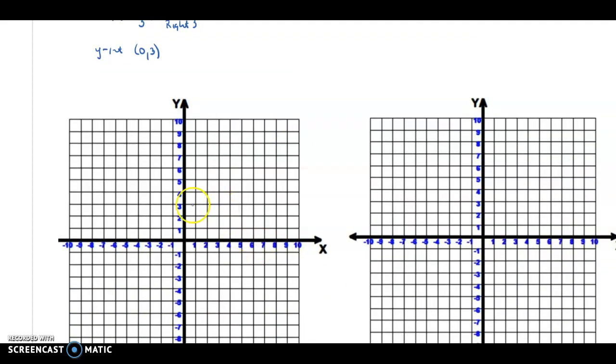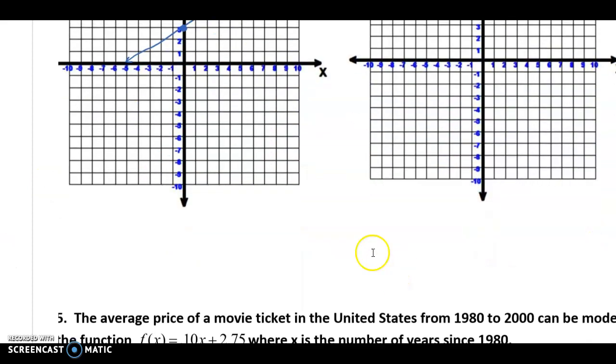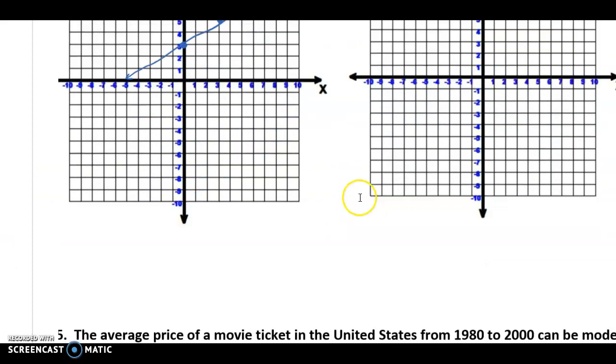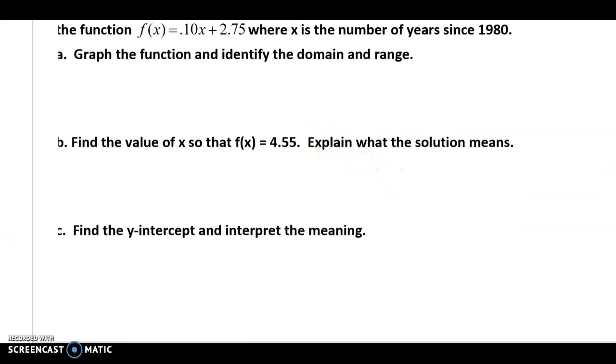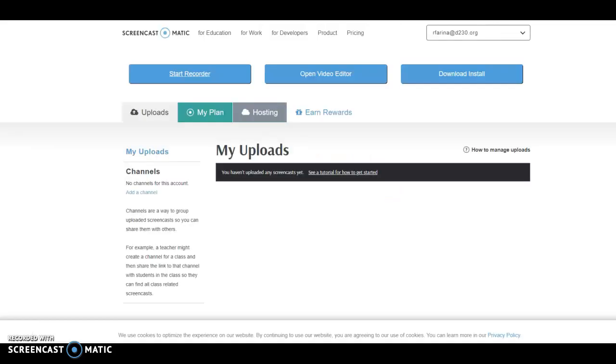So I plot 0, 3. Now from this point, I'm going to go up 2, right 3, up 2, right 3. And now I can go ahead and graph my line. So, with this in mind, being able to graph the line, given this information, is important.